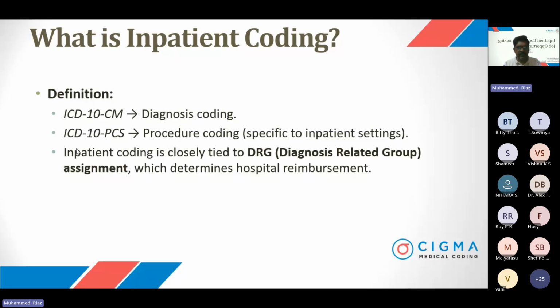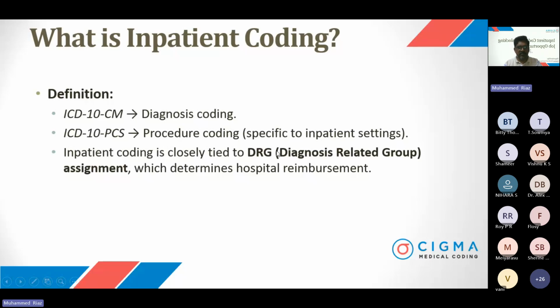When it comes to inpatient coding, the cost will not be calculated based on the procedure, nor based on the diagnosis. So how is the cost going to be calculated? The cost is going to be calculated based on this classification or payment system, which is called the DRG. So how does this DRG work?